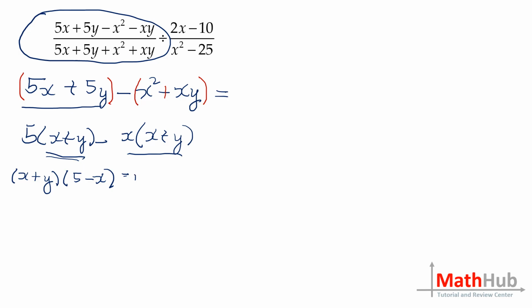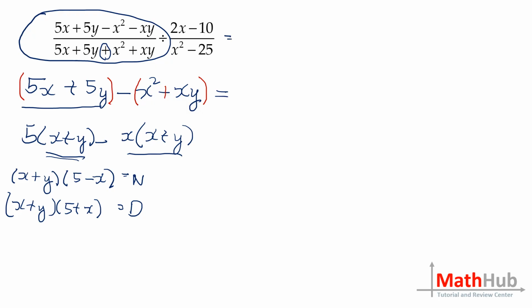Now for the denominator, they're almost the same except that this is plus. Okay? So if you just proceed like what I did a while ago, you will end up with x plus y times 5 plus x. Alright, so let me now write the factored version.